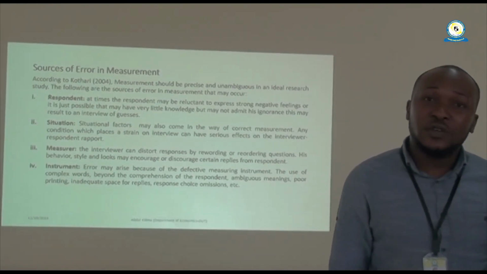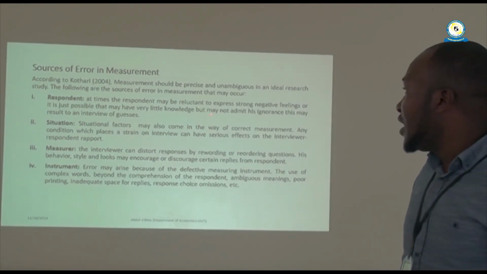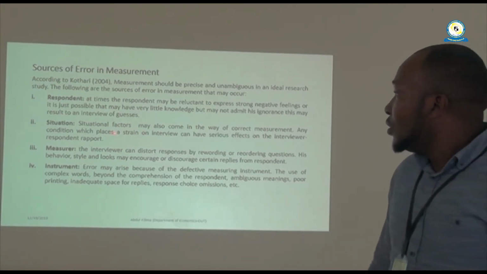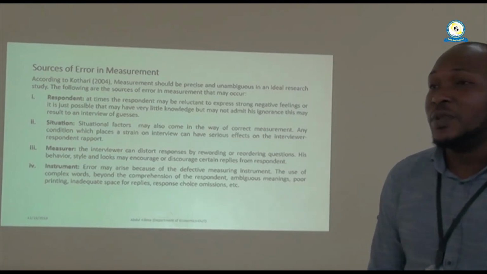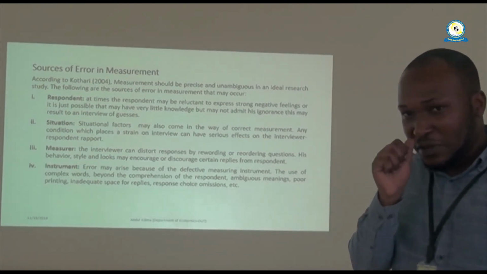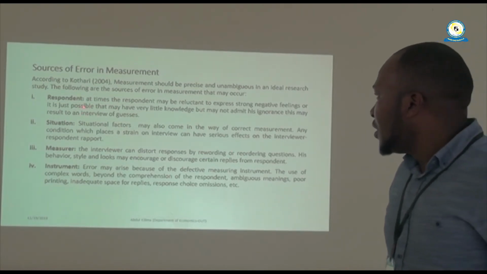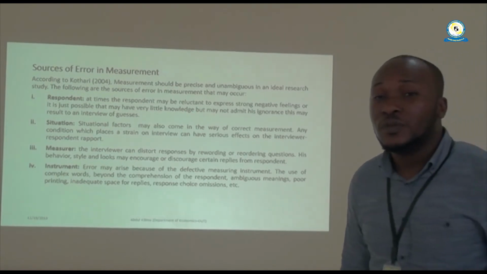You may ask someone a question who is not aware of what data you want to collect. He is ignorant of the situation. Or you want to know how someone feels about something, then he expresses an ambiguous feeling. It's not a strong feeling, or he is confused. He can lead you to guesses in your interview.